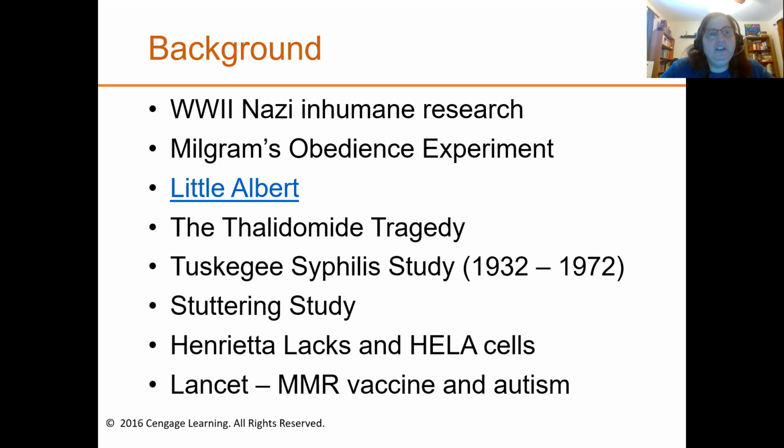Okay, the Tuskegee syphilis study that went on from 1932 to 1972, which is absolutely tragic. The U.S. Public Health Service conducted research on the effects of untreated syphilis on Black men in Macon County, Alabama.